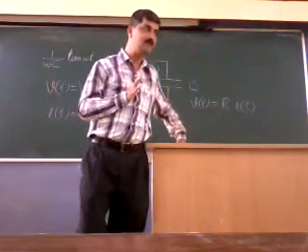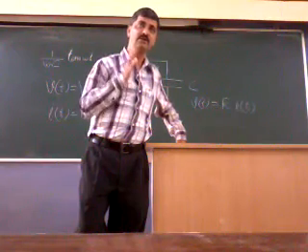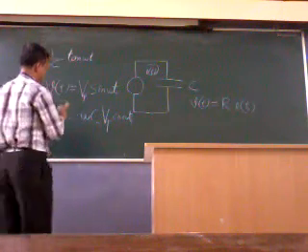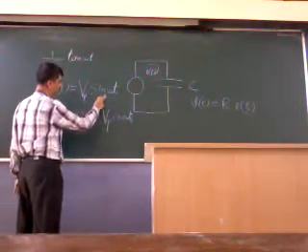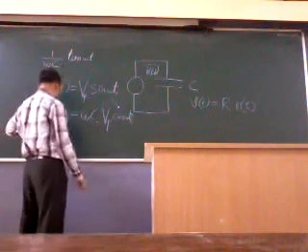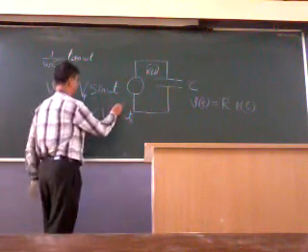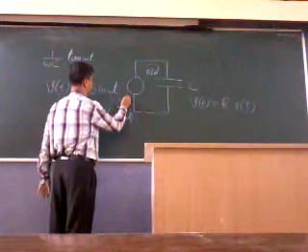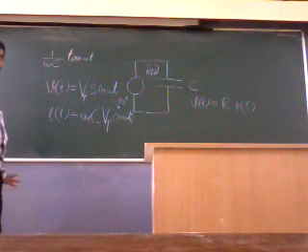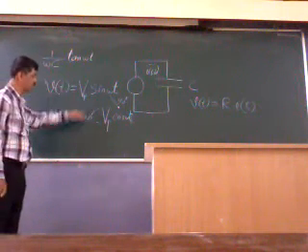I would like to express the ratio in the form of phase shift. So what is the phase shift now? 90 degrees. The phase shift is 90 degrees, right? What is the amplitude ratio?